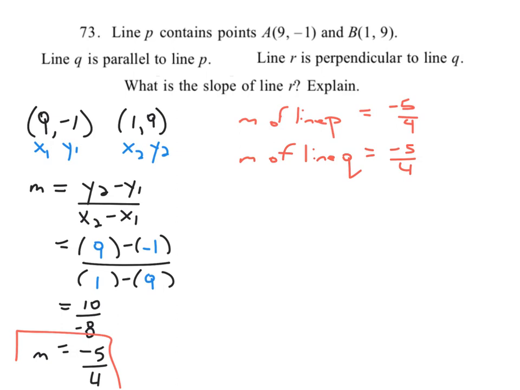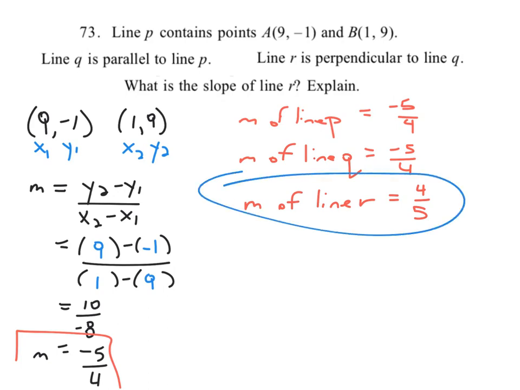Okay? Line R is perpendicular to line Q, and so since it's perpendicular, the slope of line R is the negative reciprocal. So we flip it over and we change the sign of it. And so that is our answer.